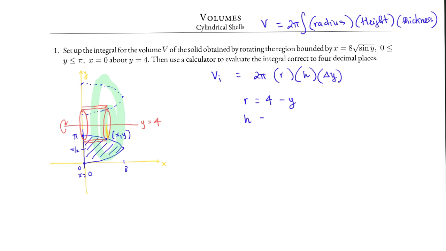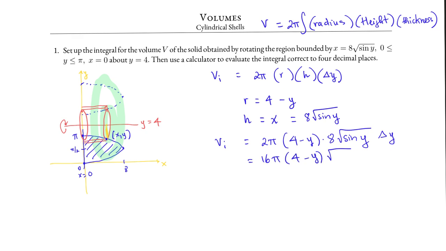The height of the shell is the distance x, but in terms of y, x is 8 the square root of sine y. Thus the volume of the cross section is 2 pi times 4 minus y, times the height 8 the square root of sine y, times the thickness delta y. We then simplify it to 16 pi times 4 minus y times the square root of sine y times delta y. But this is the volume of the ith cross section, so we would properly label this as y sub i.